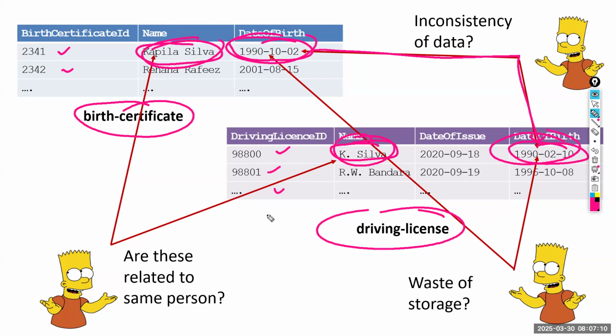Sometimes we are not very sure whether those records are related or not related. So many confusions, waste of storage, and so on. So the objective of data normalization is, as much as possible, to identify these issues and eliminate them.